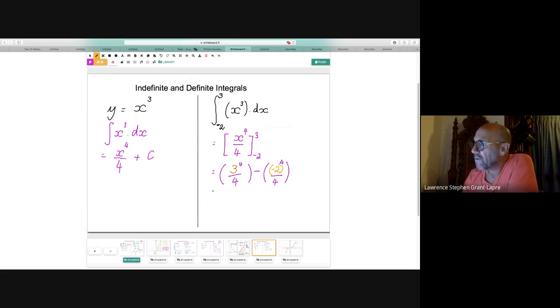All right, let's have a look at this. 3 3s are 9, 3s are 27, 3s are 81, so we got 81 over 4 minus. Now, -2 to the power of 4 is positive 16 over 4.